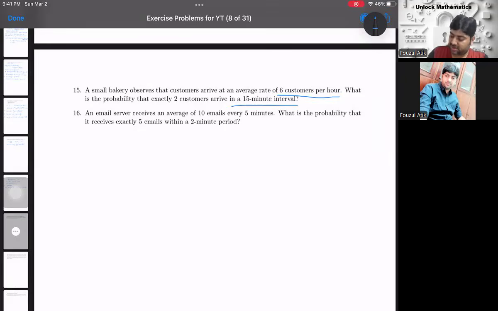In 60 minutes you have 6 customers, so in 1 minute you have 6 by 60 customers. Therefore in 15 minutes you will have 6 into 15 divided by 60. The new expectation within the 15 minutes interval, the new parameter, is 1.5.